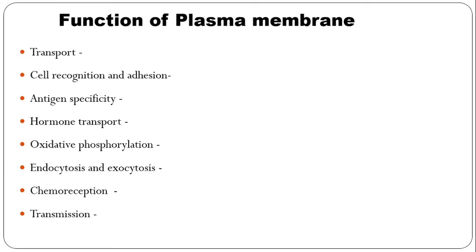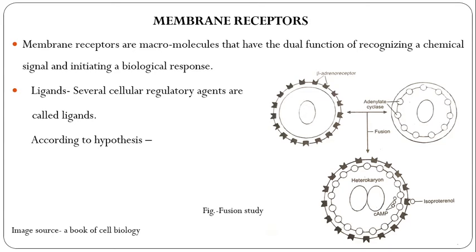The next one is membrane receptors. Membrane receptors are macromolecules that have the dual function of recognizing a chemical signal and initiating a biological response.